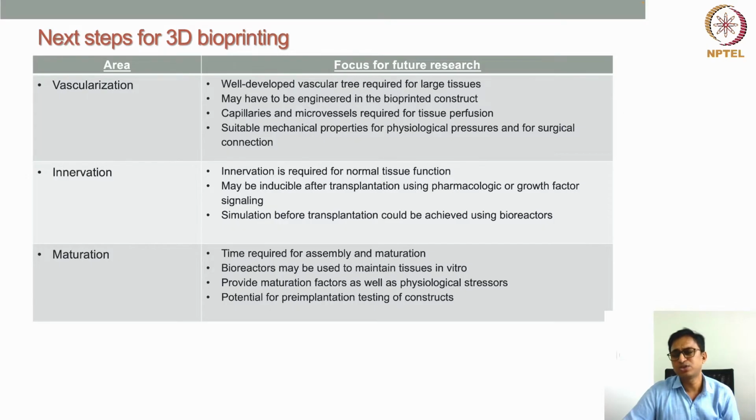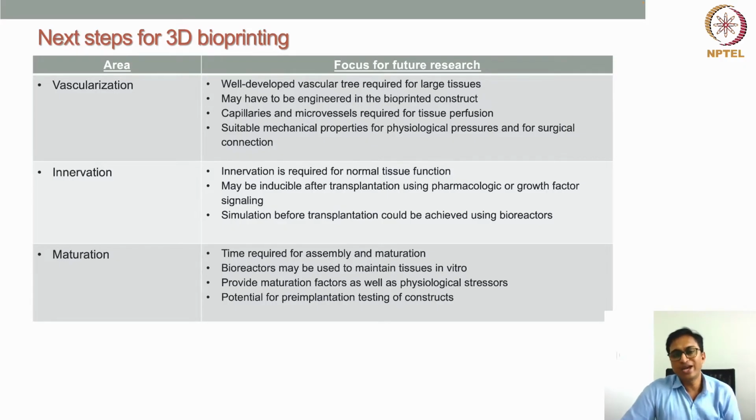There are some examples where the vascular bed, the vascular tree or the vascular channels can be developed. But integration of the vascular channel into the bioprinted tissue or organ is still not fully realized, and there is scope for further research, and some groups are already working on that.